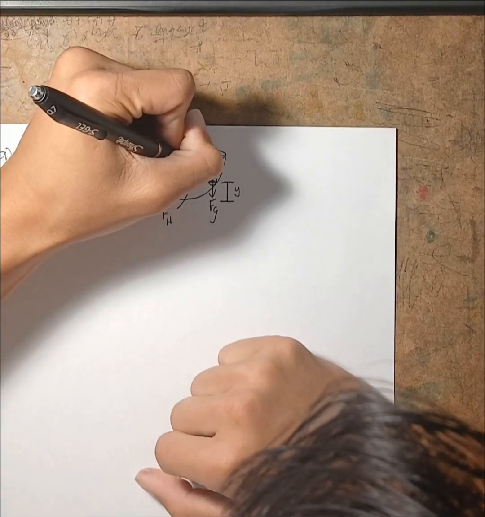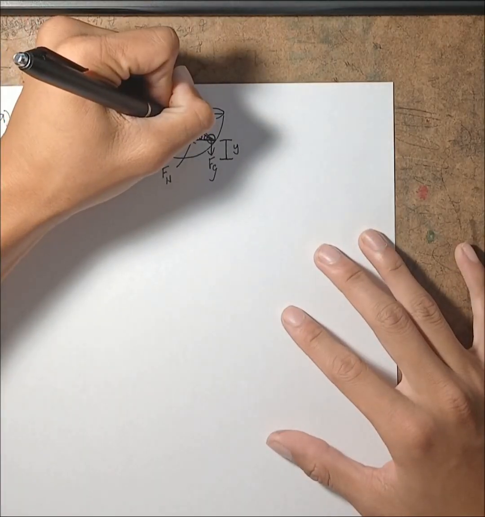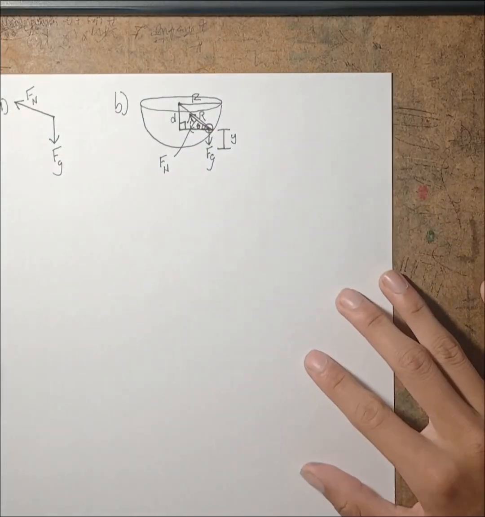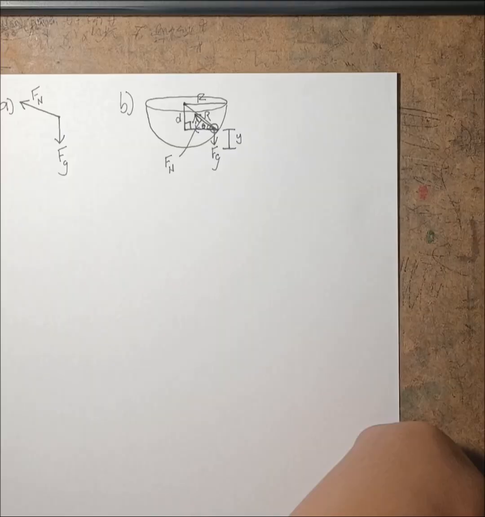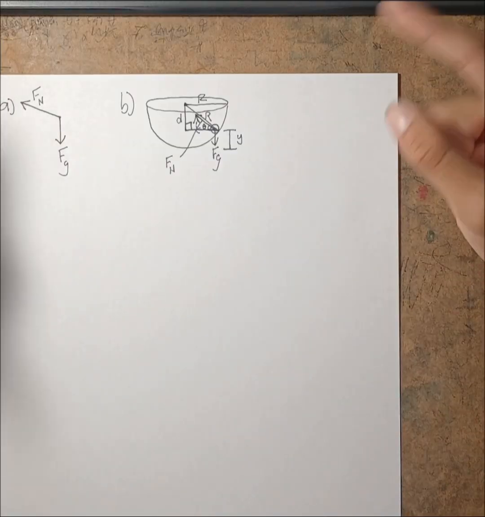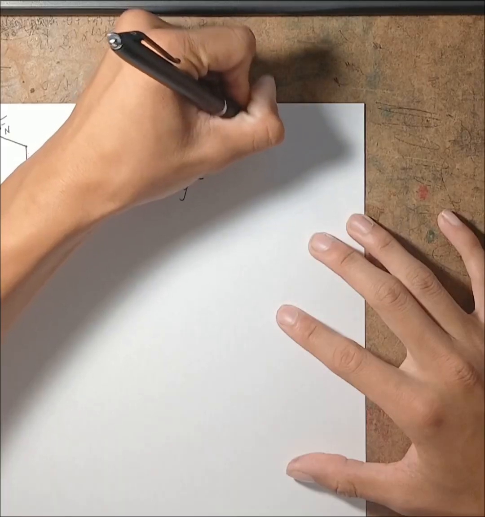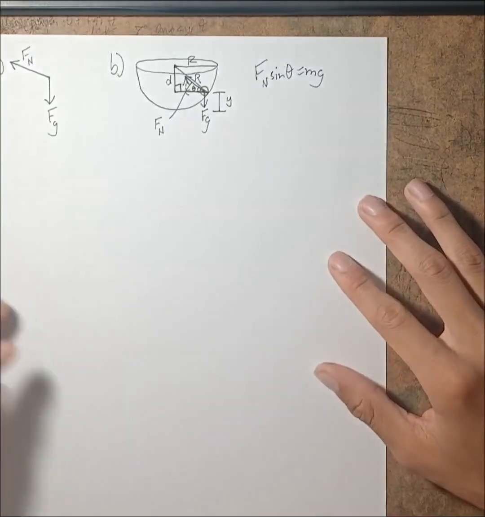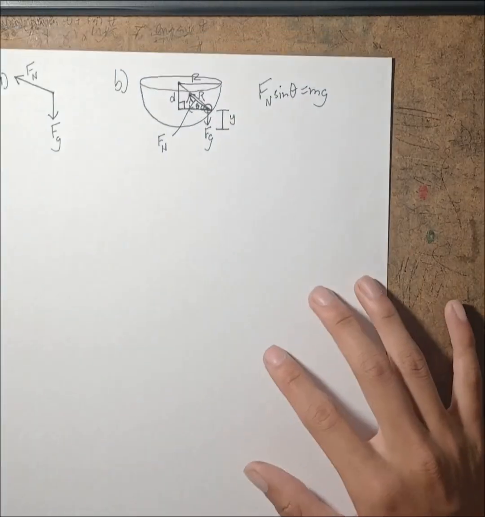And let's call this angle in here theta. That's a little theta right there. And so the vertical component of F_N and F_G have to be equal because they're the only forces acting in the y direction and they're pointing opposite ways. So F_N sine theta equals mg because this component of F_N is opposite the angle.